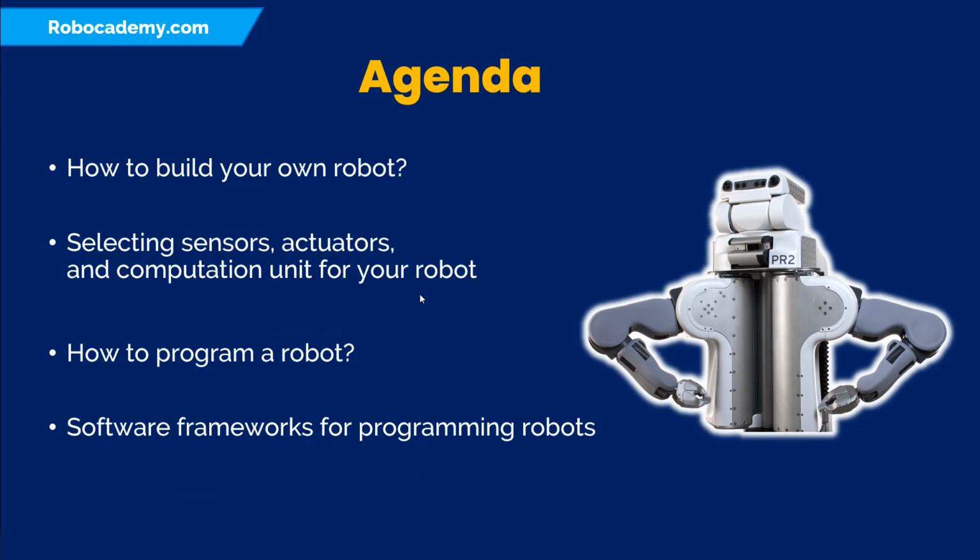Then we will see how to build a robot, basically, the various steps that we have to follow, and the steps to choose sensors, actuators, and the compute unit for your robot. Then we will see what are the frameworks for programming the robots.